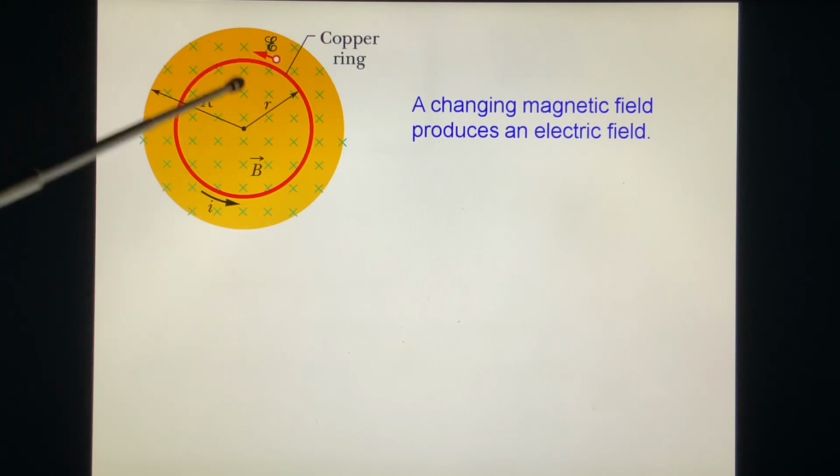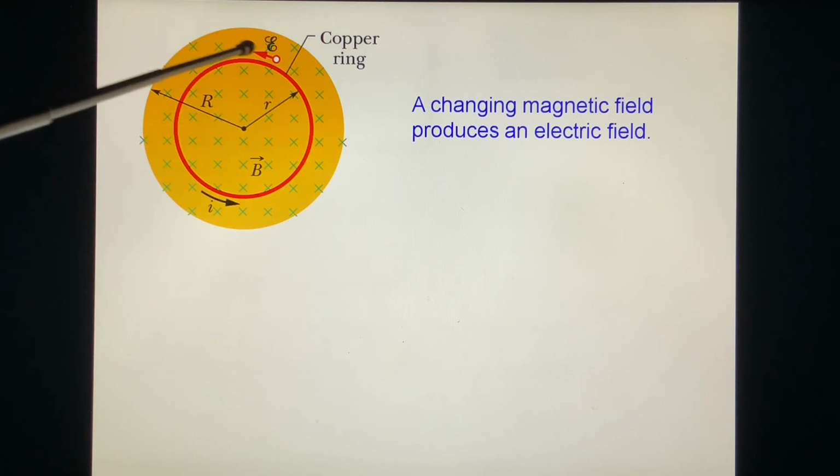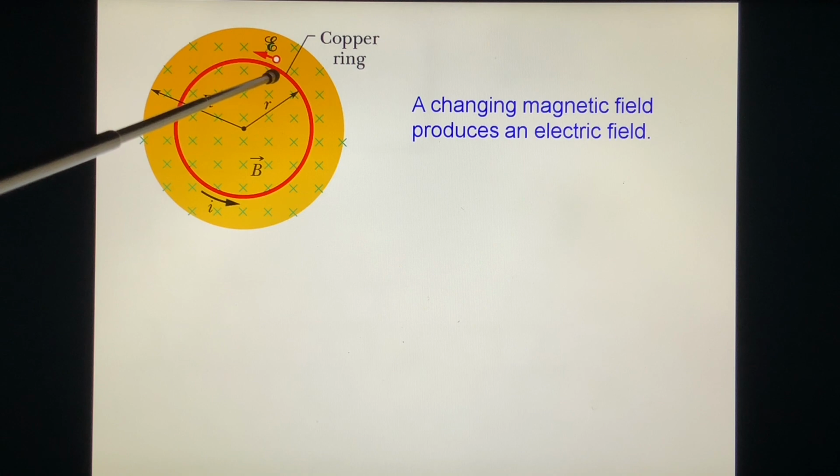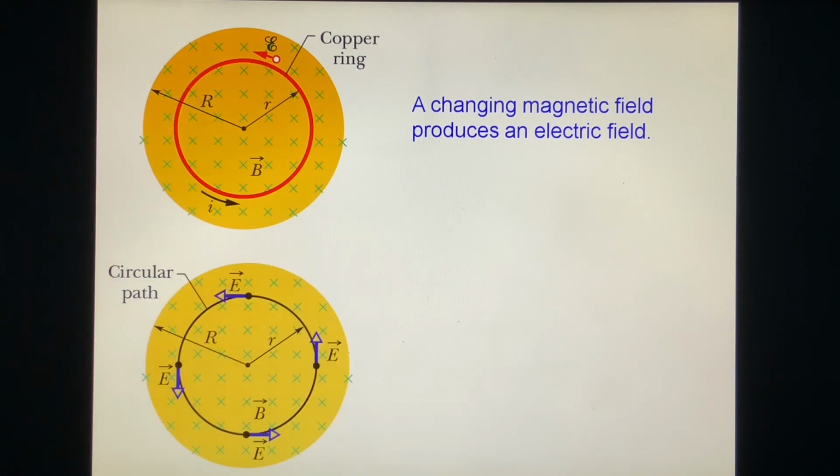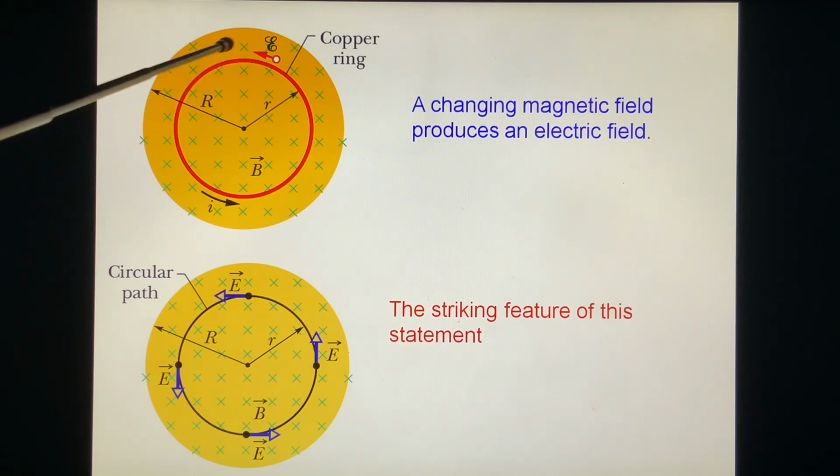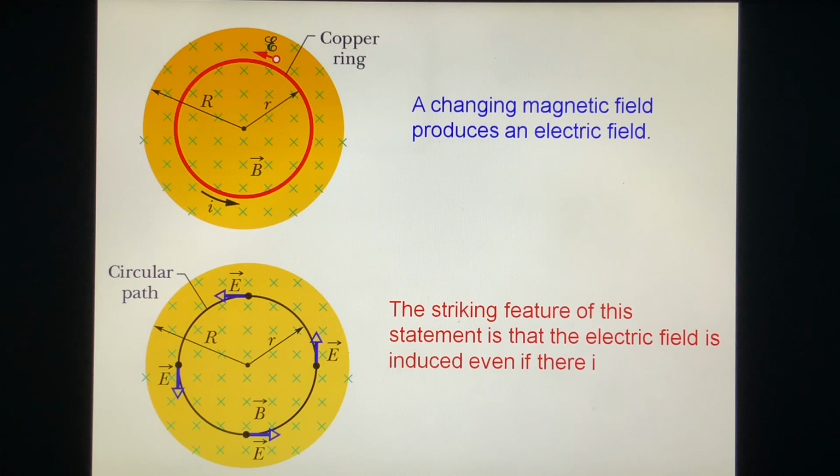We see this current, which means you have an electric field inside. From Ohm's law, how come you have a current? Because you have an electric field acting on the charges. So suppose even without this ring, we cannot see any current, but E still exists, right?